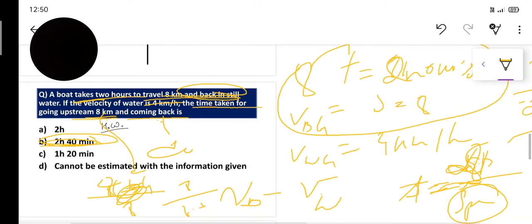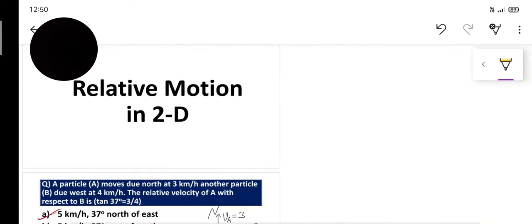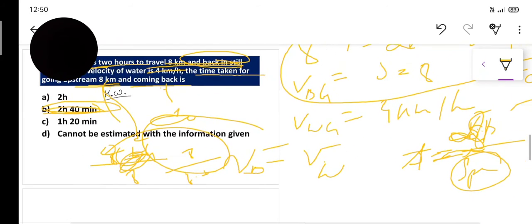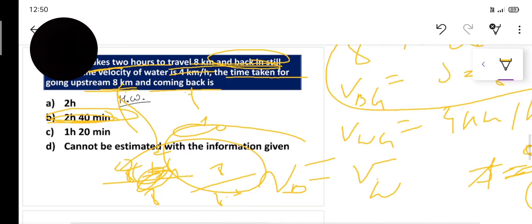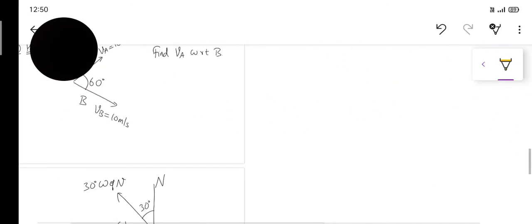Similarly, here speed will be 8 plus 4 and here speed will be 8 minus 4. So answer is given. You check the net and do it.